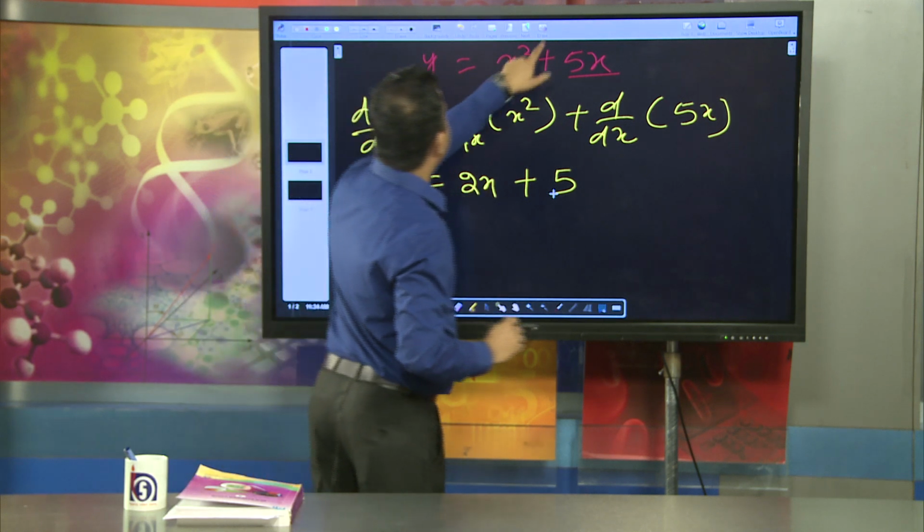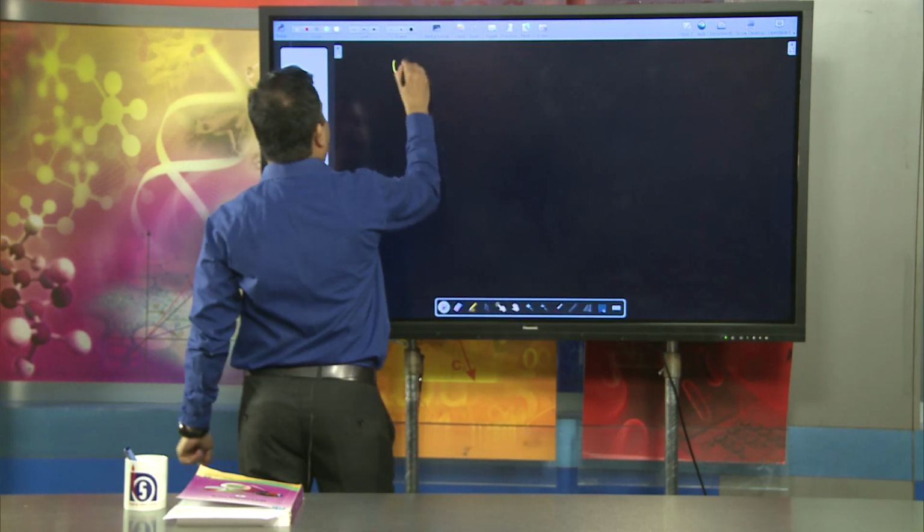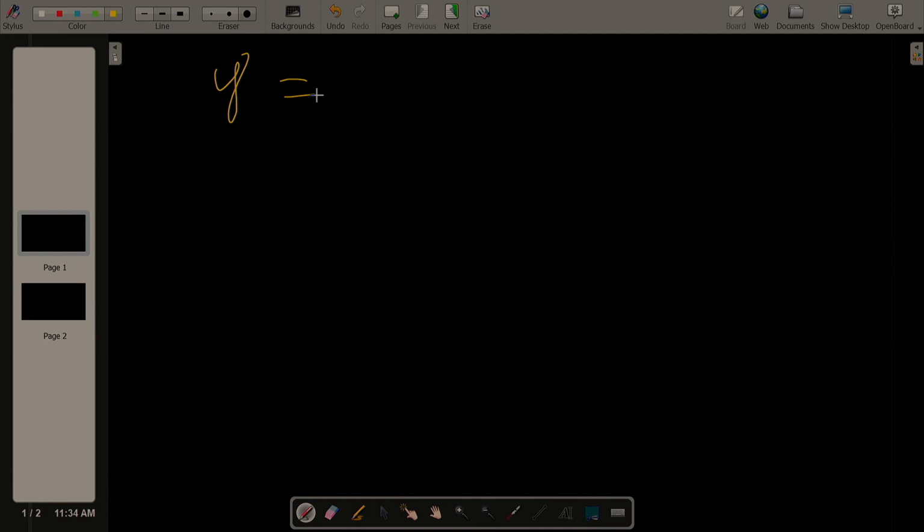Suppose another example, y equal to x cube minus 3x square.